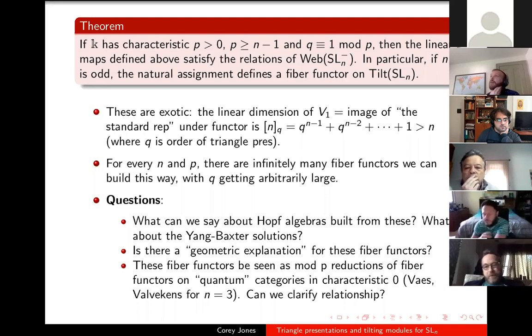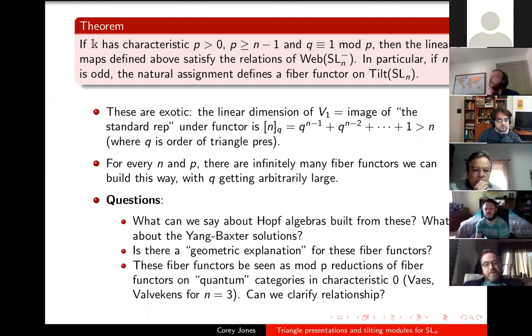For example, for n equals 2, there are functors from the usual rep SL2 to vector spaces, which are exotic, of any dimension, actually greater than 2. And possibly also for quantum. But among quantum ones, there might also be unitary ones, which is the thing you are most interested in, as far as I understand. Yeah, that's right.